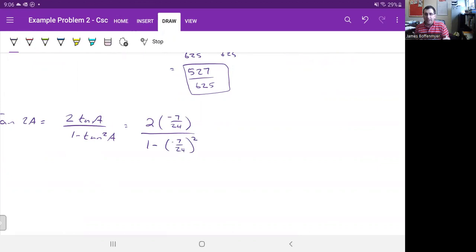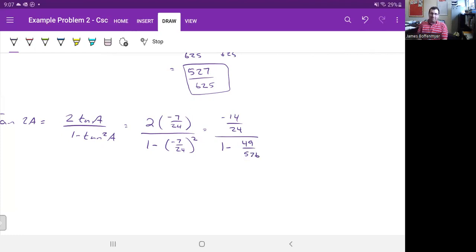All right. So we just did the trig. Now we get to do the algebra. So that would be negative 14 over 24 on top over 1 minus 49 over 576 on the bottom.